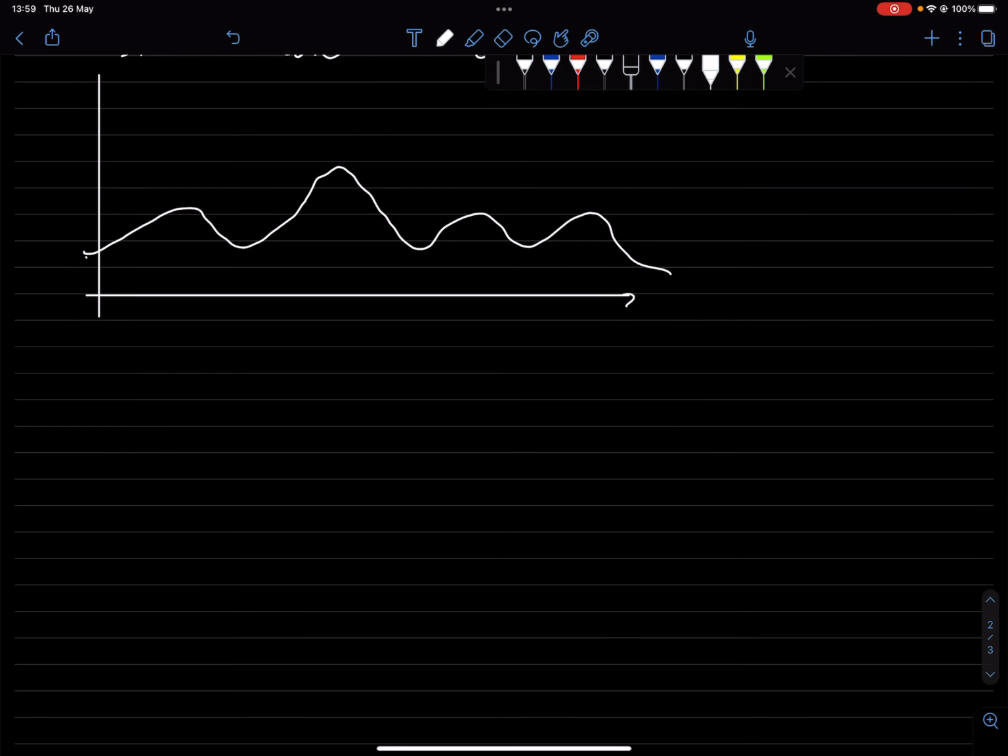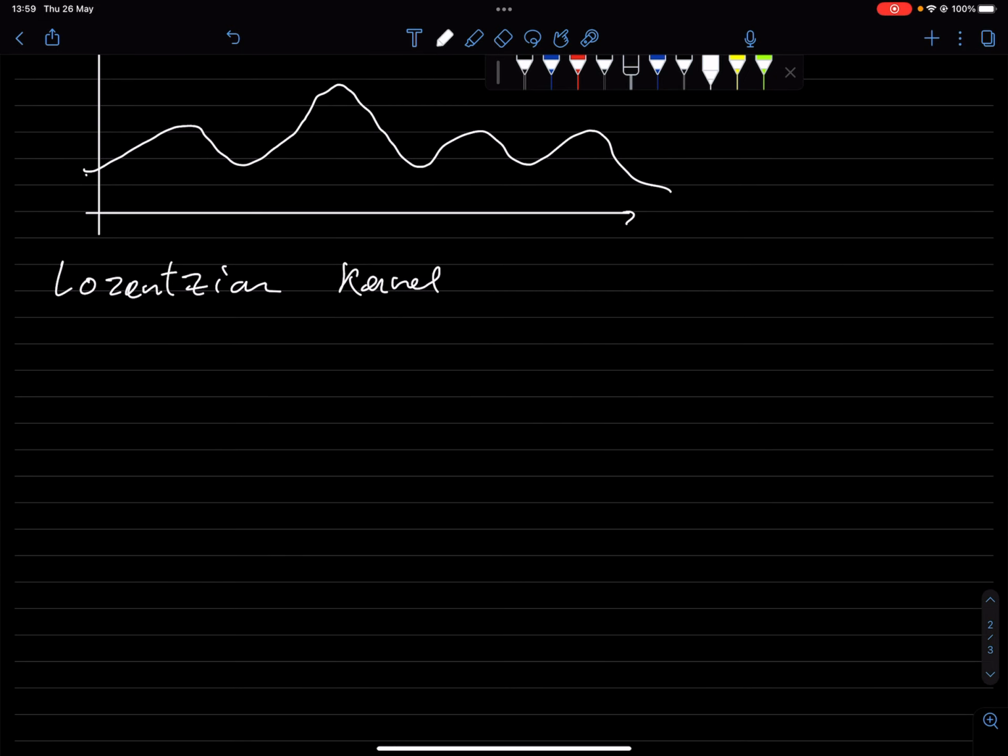So the other way of doing this is with what is known as a Lorentzian kernel. The Lorentzian kernel is a bit different. We're going to call it L, and instead of having sigma, we're going to use eta as the regularizing parameter. So this is going to be 1 over pi, and then eta over (t squared plus eta squared).